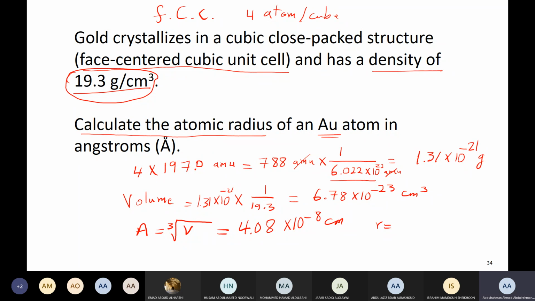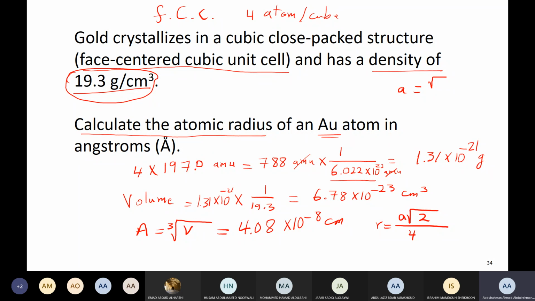That I gave you was A equal to what? Square root of 2 R. No, sorry. R is equal to what? R is equal to A times square root of 2 divided by 4. Right? Is it? Yes. Okay.